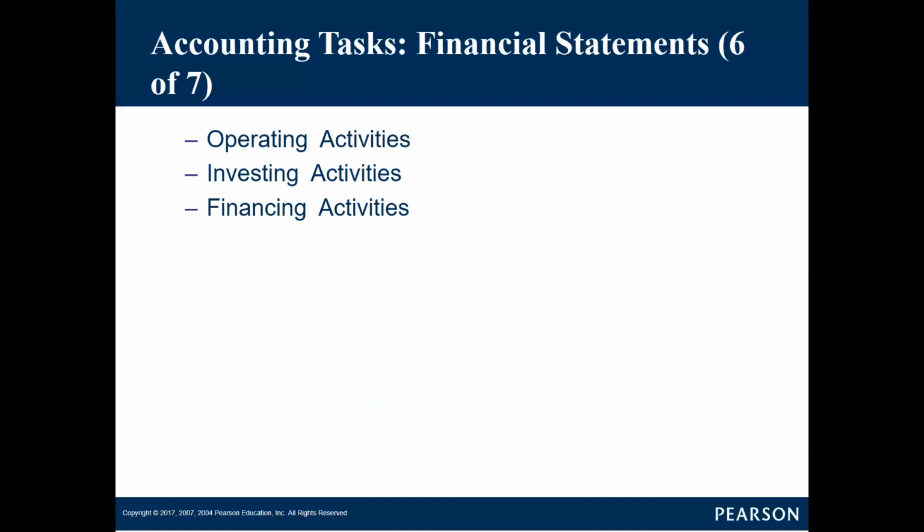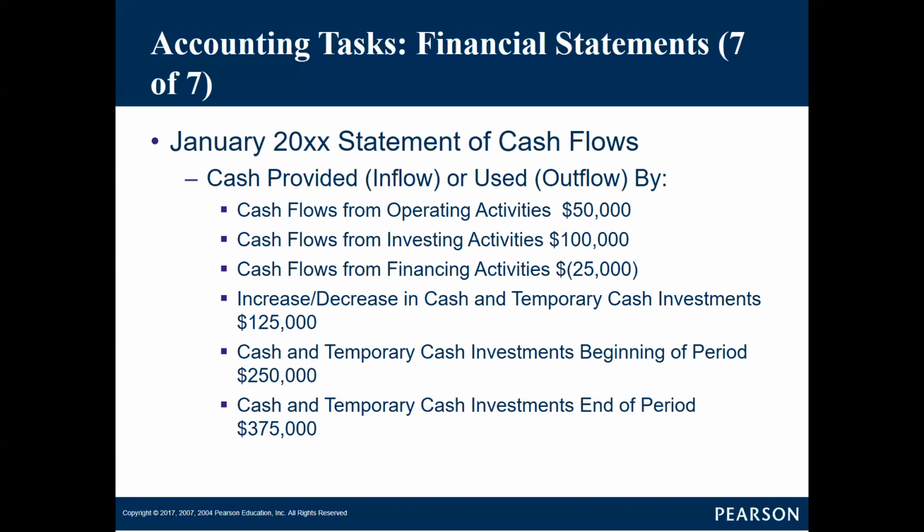If you look at figure 6.11 in your book, it's going to be this information here, but in a figure. And it's supplemental information related to non-cash investing and financing activities. So sometimes you need to disclose specific items separately.